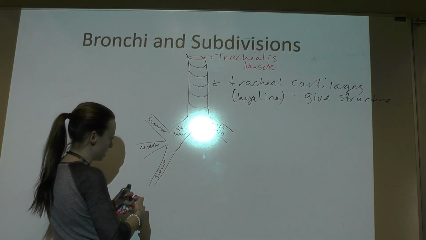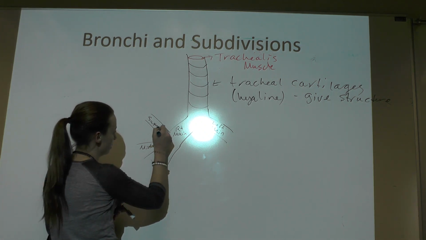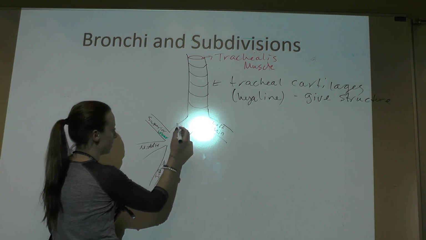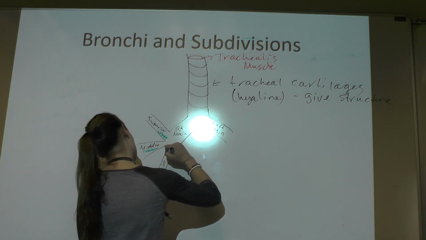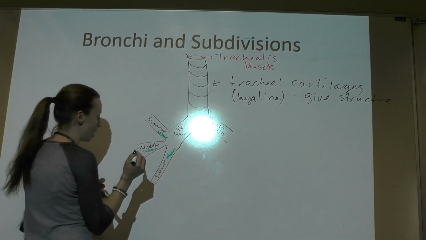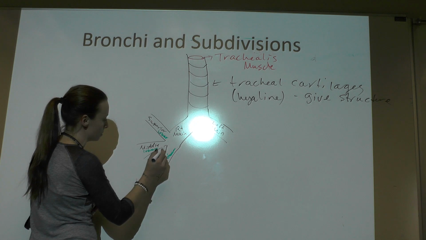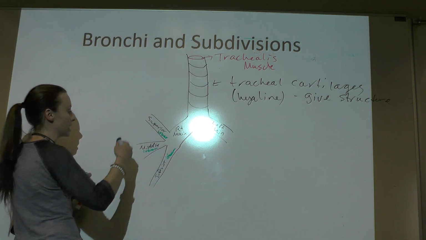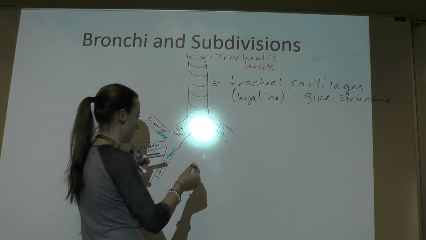All of these, here in green, are lobar or secondary. You know, we like to name things a million ways. Lobar bronchi are also known as secondary bronchi. Our main bronchi are also known as primary.